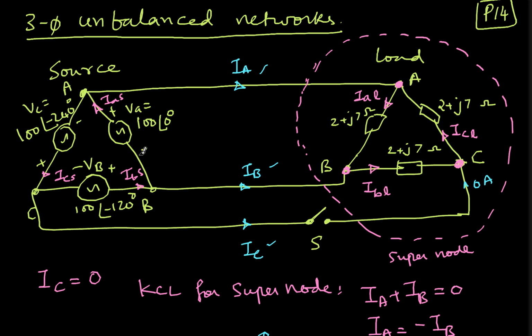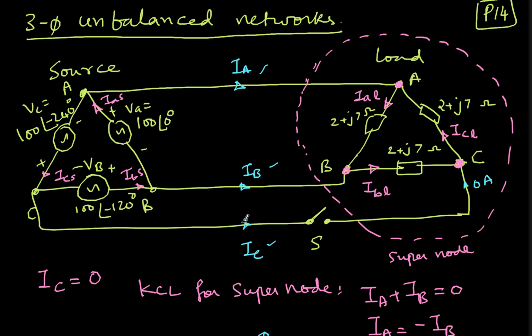And how do we calculate IAS further? Basically, one thing we should know is that if I look at the source, it is like a voltage.